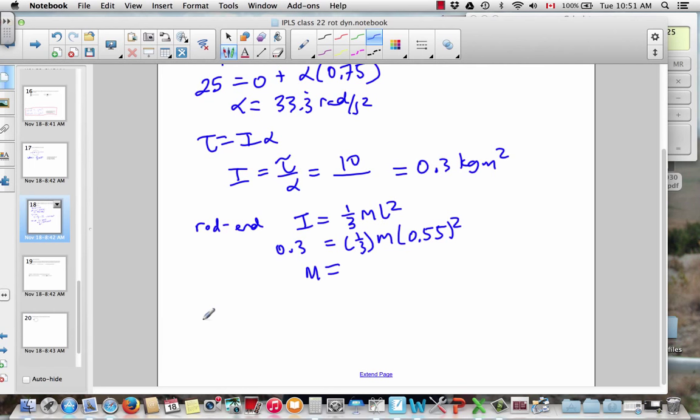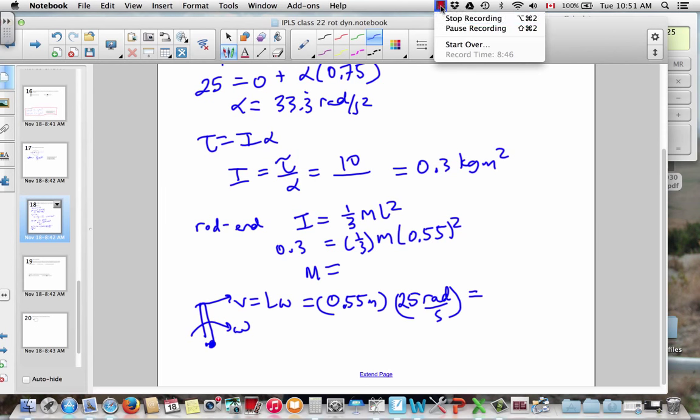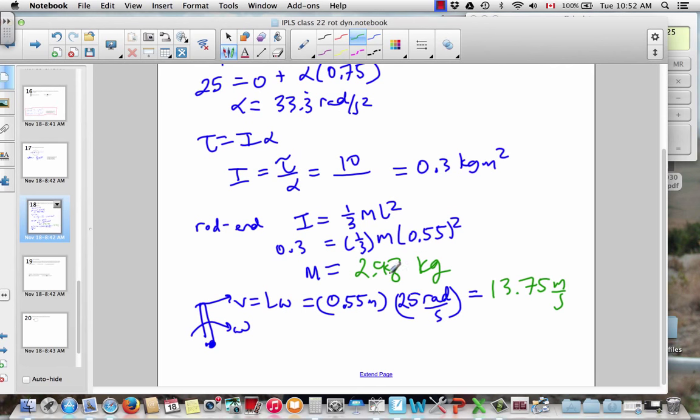Finally, for the speed of the tip, when it's rotating at speed omega, we remember that the speed of the tip depends on the distance that we are from the axis of rotation, which is the length of the sword. So the length of the sword is 0.55 meters, and at the end we're spinning at 25 rads per second, so we can find the speed of the sword tip. Okay, so those values work out to be almost 3 kilograms for the sword, and then the speed of the tip is going at 13.75 meters per second.